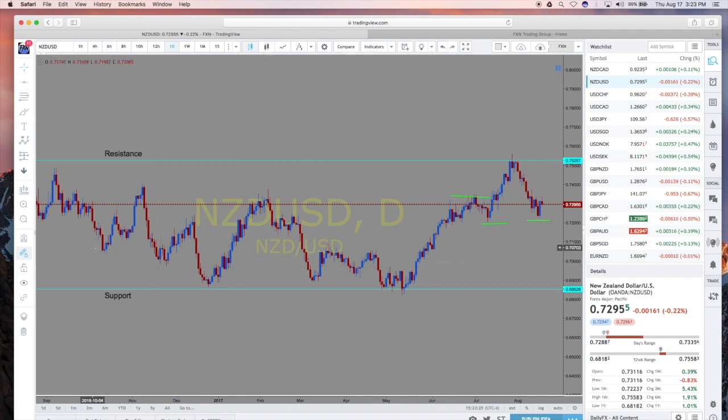Obviously the areas at the bottom are support, and the areas at the top are resistance. Now, when you notice that there are several of these spots in the same area, for example this one, this one, this one, this one, that shows you there's another area of resistance here.